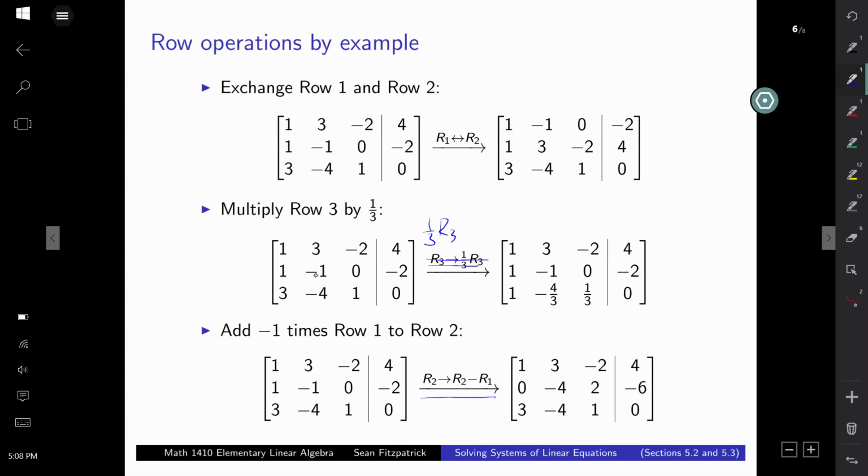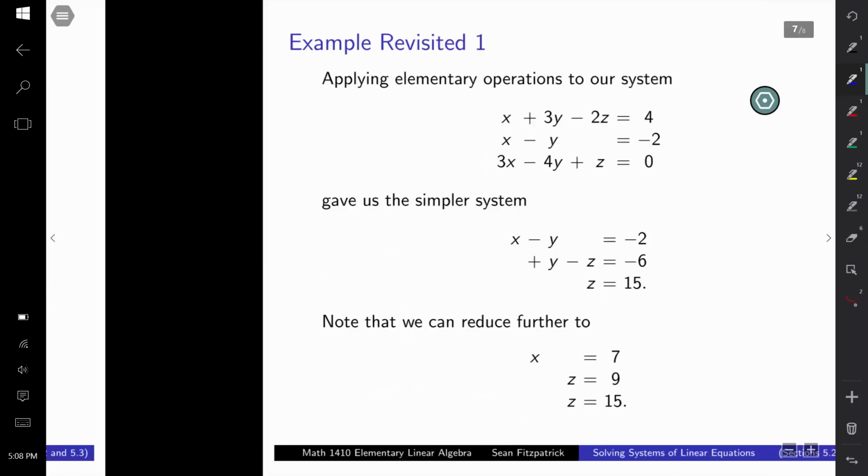They'll write this as 1/3 row 3 becomes the new row 3, and they'll say that row 2 minus row 1 becomes the new row 2. They write things the other way around with respect to this arrow. So I'll try to stick to the same notation as the book.